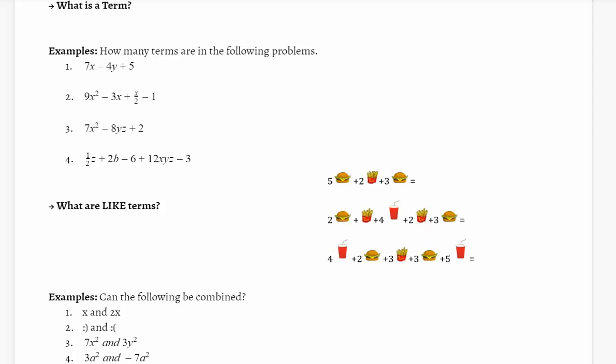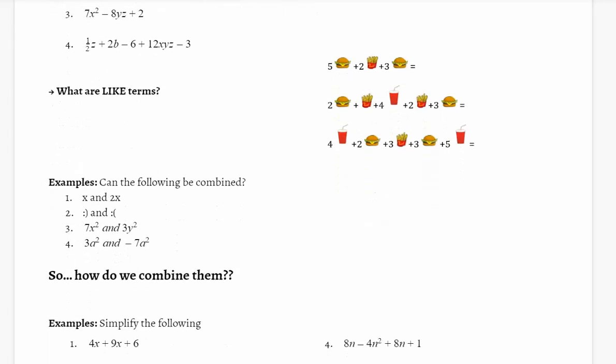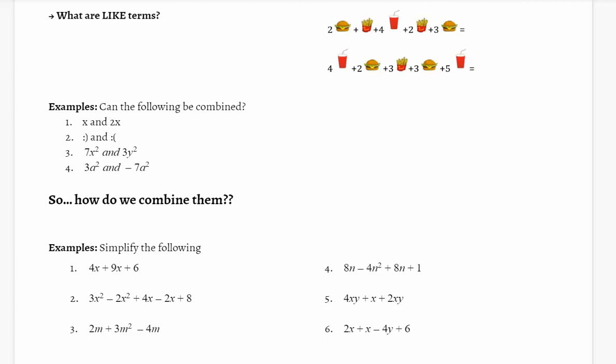So if I pull this up and we get started and we talk about what it means to be a like term, let me scroll down real quick. So I'm going to highlight where it says what it means to be a like term. So what are like terms?